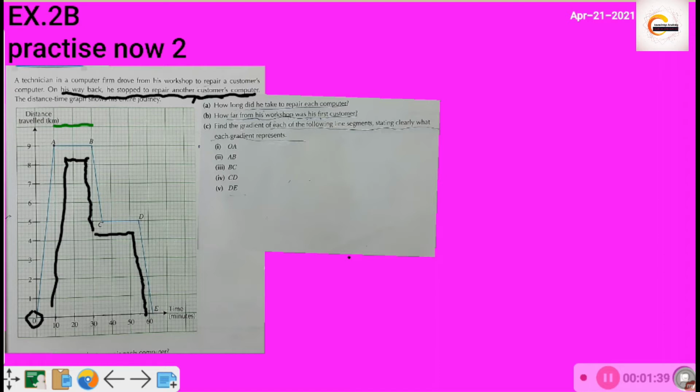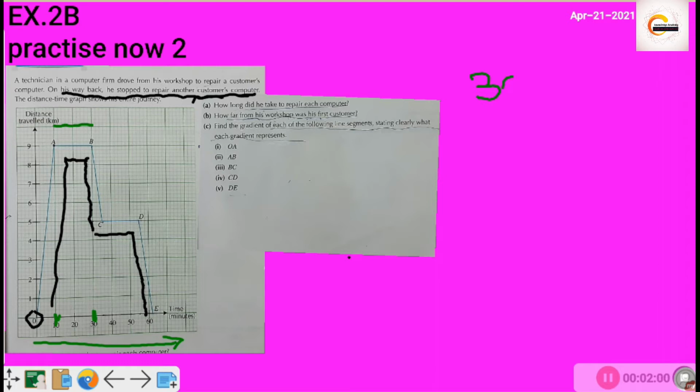Alright, we have to calculate AB, the distance AB on the graph. So B is 30 minutes and A is 10 minutes, and the x-axis, as we can see, represents time.